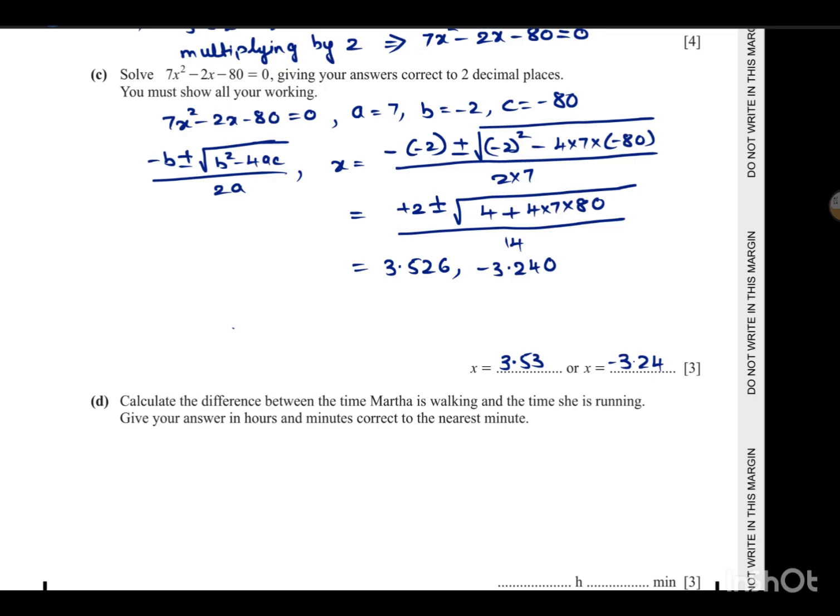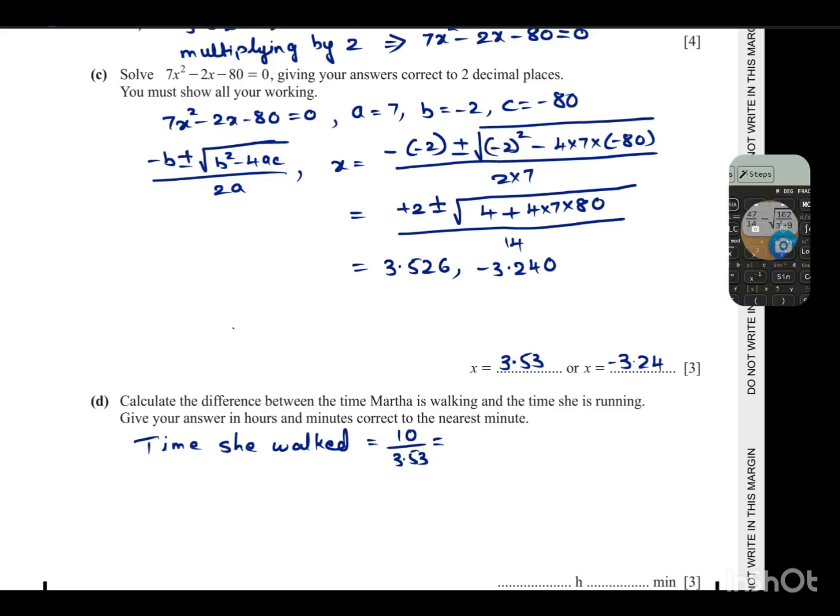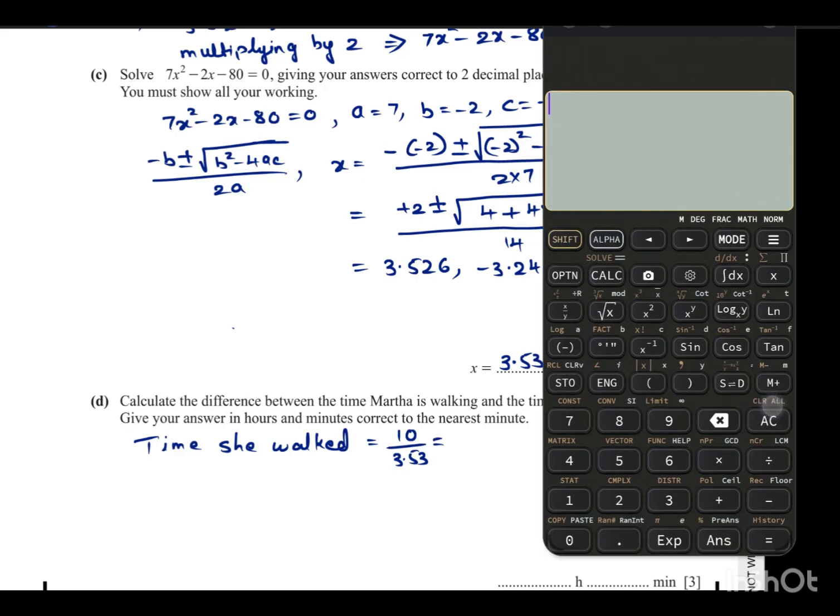First of all, we'll do the time she took to walk. Find out the time she walked. Time she walked will be the same thing like 10 by x. So 10 by x is 10 by 3.53, which will be 2.832.